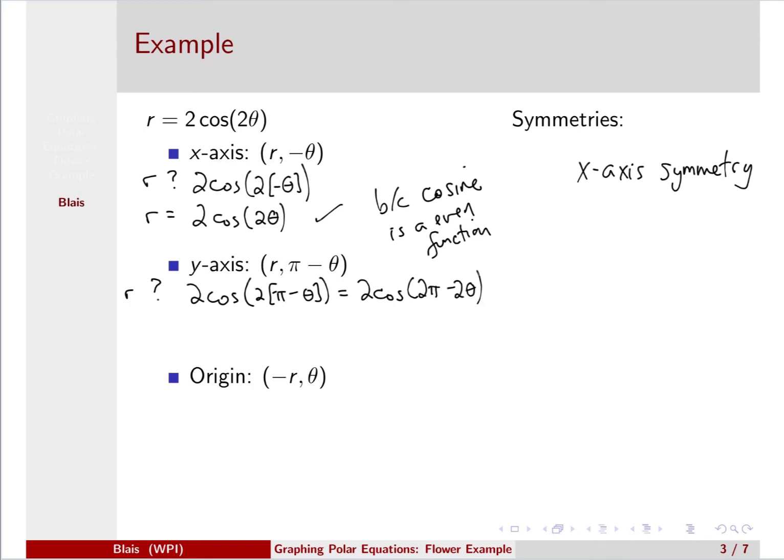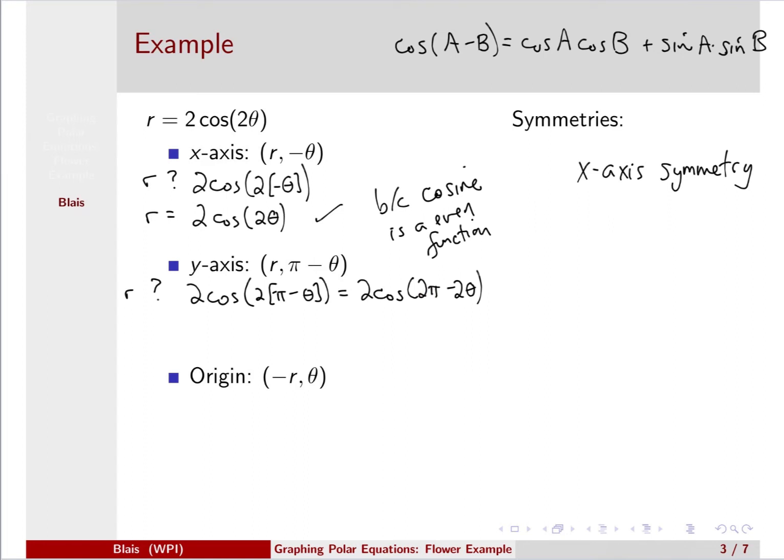And we can use our trig identity that cosine of a minus b is cosine a times cosine b plus sine a times sine b, where a and b are played by 2 pi and 2 theta.